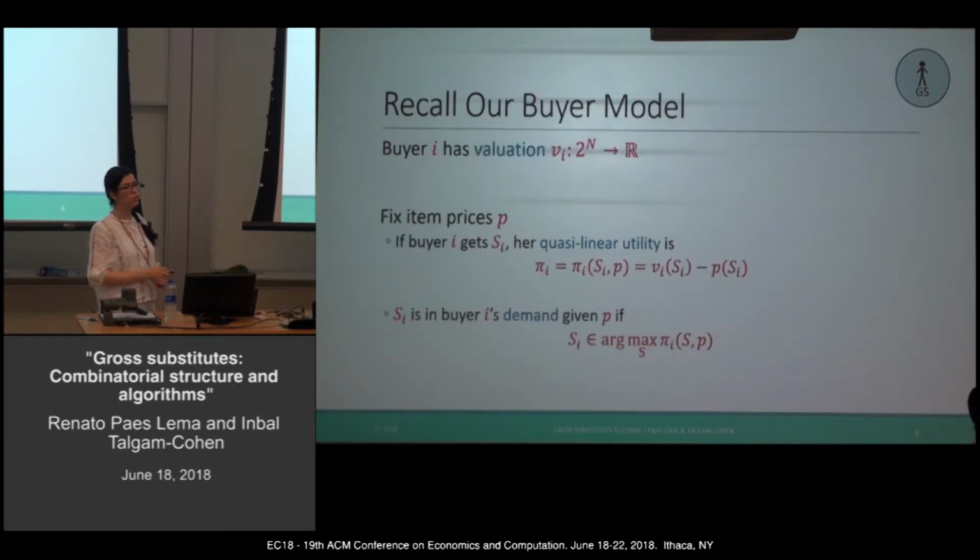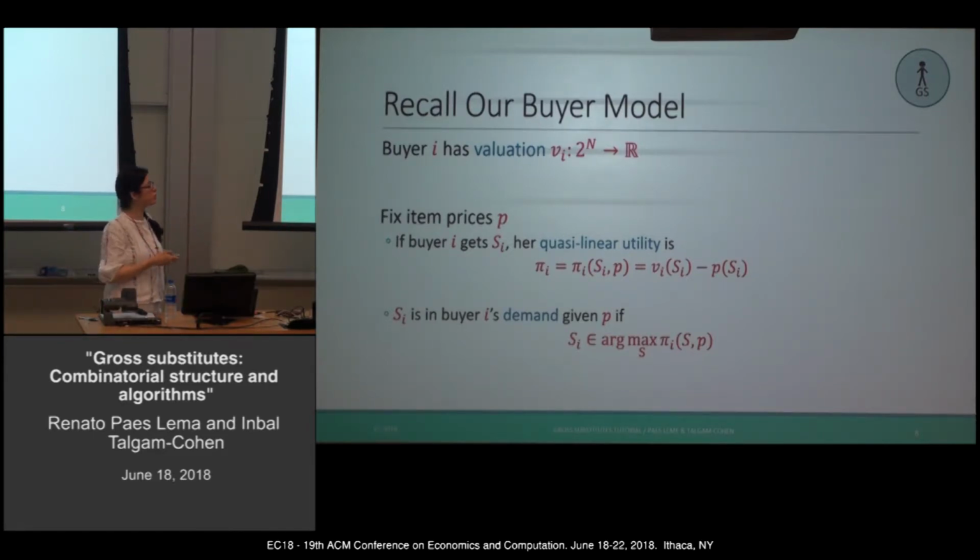And just to remind you, if we zoom into one buyer, here's the model. So a buyer has a valuation, which is a function from bundles of items to a value. This is what's going to be gross substitutes, usually, in the discussion. If we fix item prices P, the vector of item prices, then if the buyer gets a bundle Si, she has quasi-linear utility, which I'm denoting by pi i.